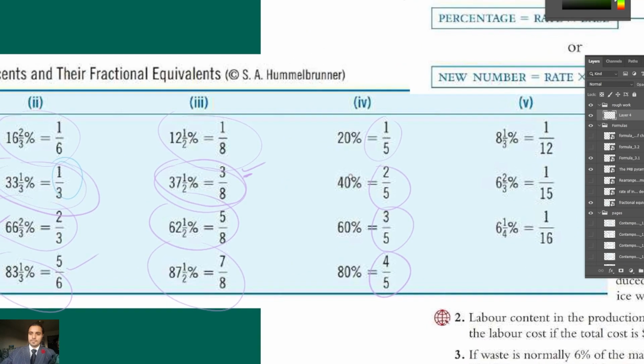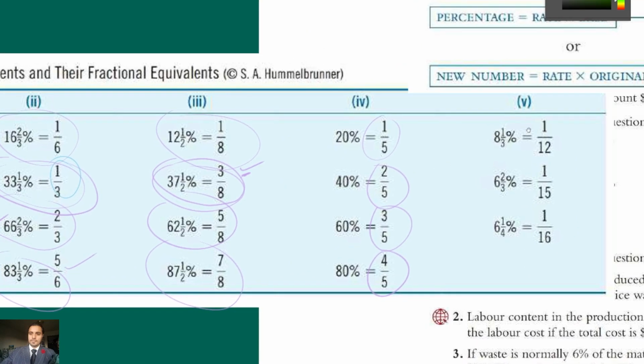It would be helpful in your business life to know these on the tip of your fingers. How much is 8 1/3%? How much is 6 1/3%? 1/16 of something is also 6.25% of that. 1/15 of something is 6.666% of that. 8.333% is 1/12th, you know?